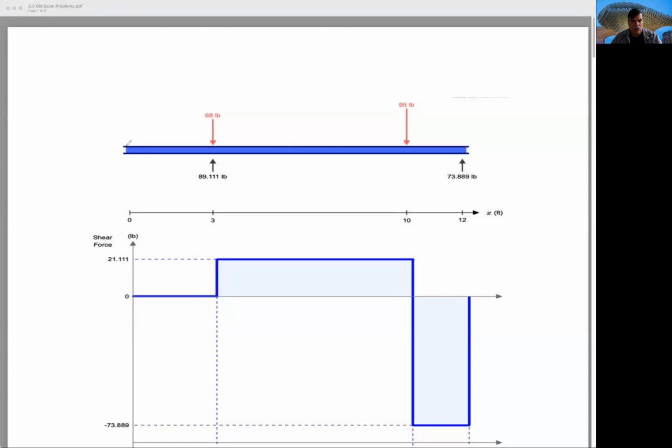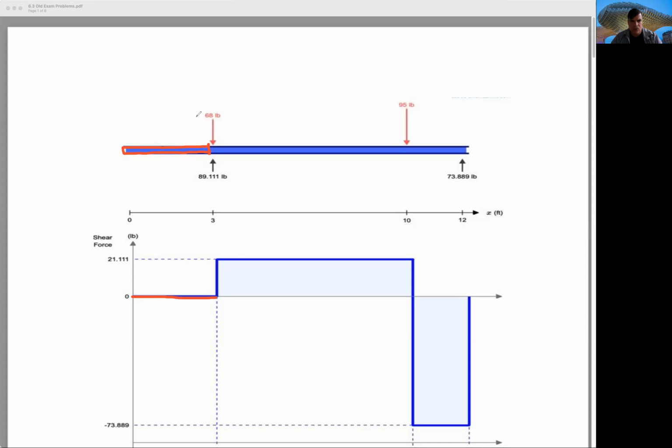However, I want to show you that sometimes we can have a beam where a part of the beam is on cantilever and there is no force acting on it. Well, the diagram of shear will be a straight line until we arrive at the first force.